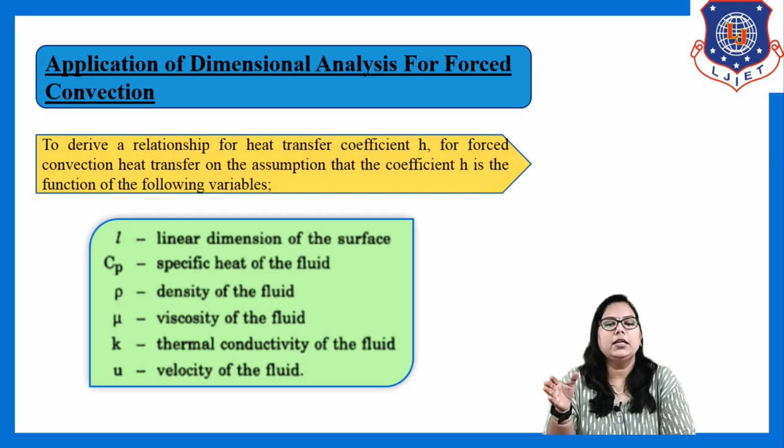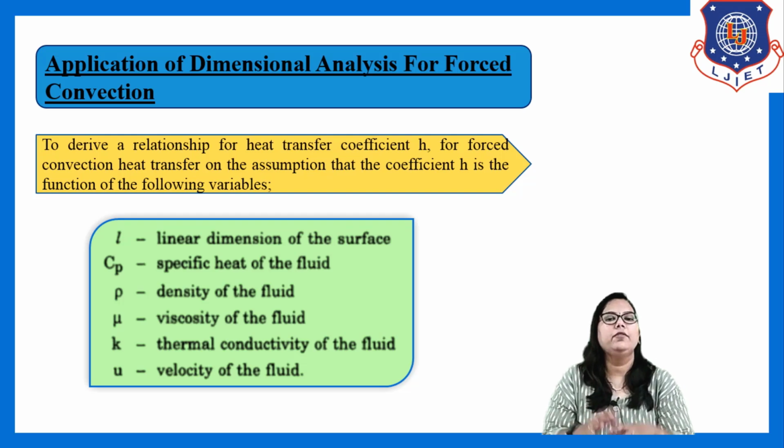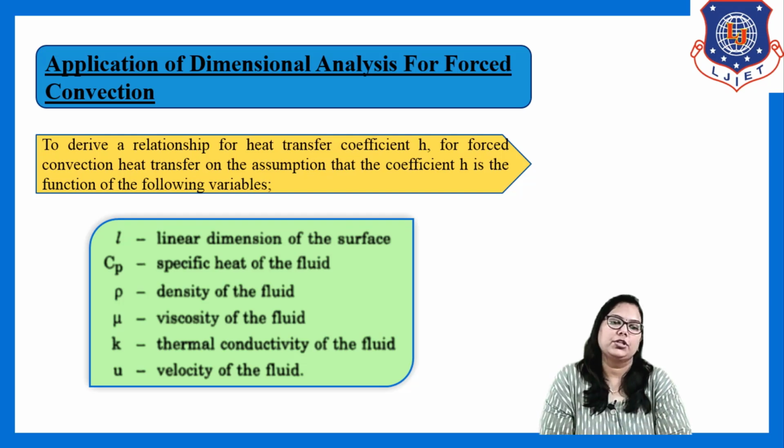So here we have considered that heat transfer coefficient h for heat transfer by forced convection depends on these variables. By using this information, I want to derive a relation for heat transfer coefficient h using the dimensional analysis method.